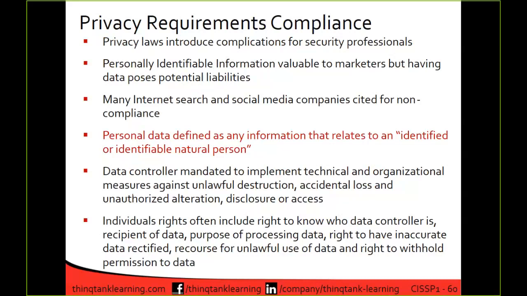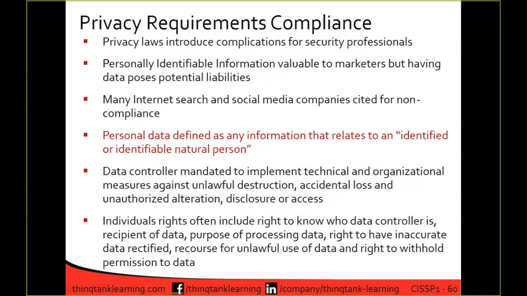All right. Personal data is defined as any information that relates to an identified or identifiable natural person. Meaning, some of the things that are very specific: Social Security number, driver's license number, home address, credit card information, etc. Other things that might fall under that category would be medical records, dental records, psychological records, criminal records, anything that's related to that individual.